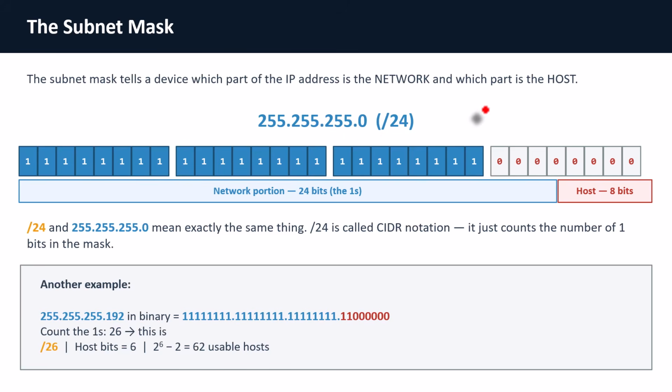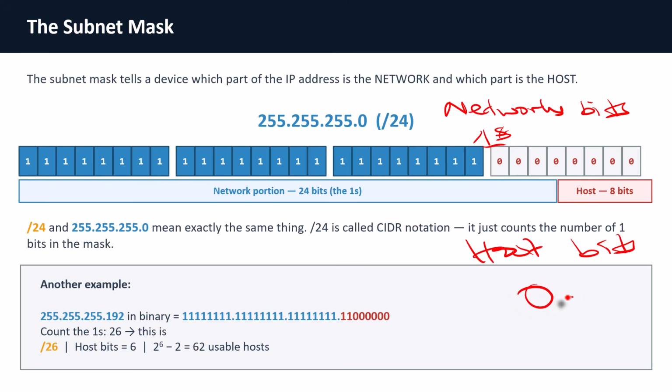And with our subnet mask, what you should always remember is that the network bits are always represented by ones, and the host bits are always represented by zeros. All right, that's what you should remember.